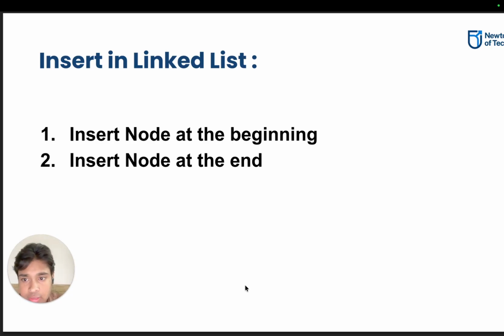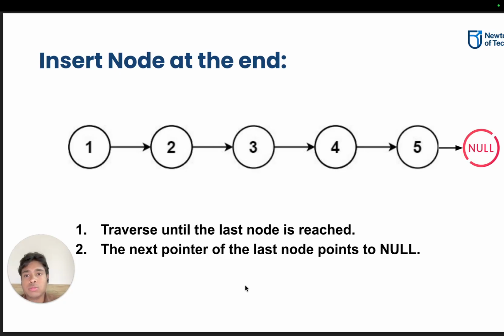Inserting in a linked list: insert a node at the beginning and insert a node at the end. Let's go through insert at the end. This is our head node and this is our tail. It says we have to add the new node after the tail.